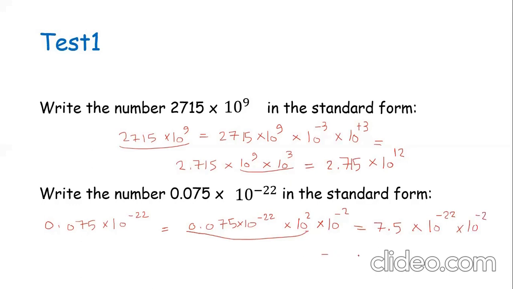So the answer will be 7.5 multiplied by 10 to the power of minus 24. Also here, when we have negative powers, similarly, we add them as we add the positive ones for the powers of 10. So it is minus 24. We will take several examples about this later. So this is the standard form of this number we had at the beginning.